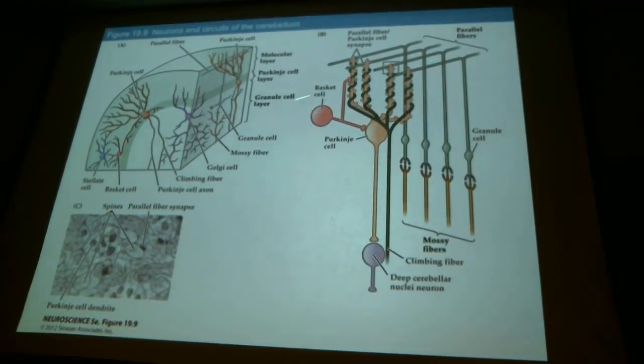We have lots of parallel fibers, but each Purkinje cell is receiving input from a small number of climbing fibers that wrap around these dendrites and have this incredibly strong excitatory input. So this is a vertical dimension. You have a horizontal dimension, and then you have a vertical dimension.